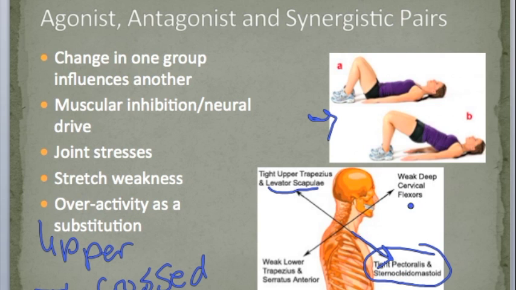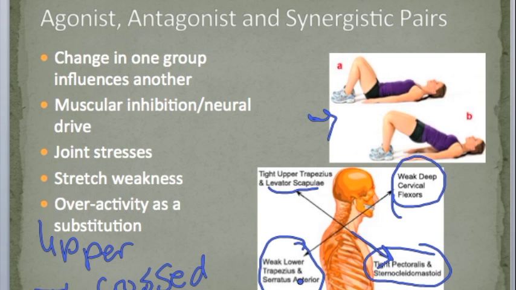That's going to be compensated for, I said that incorrectly. I apologize. So you have tight upper traps, tight pectoralis, and sternocleidomastoid because you have weakness in those deep cervical flexors and weakness in traps and serratus anterior.